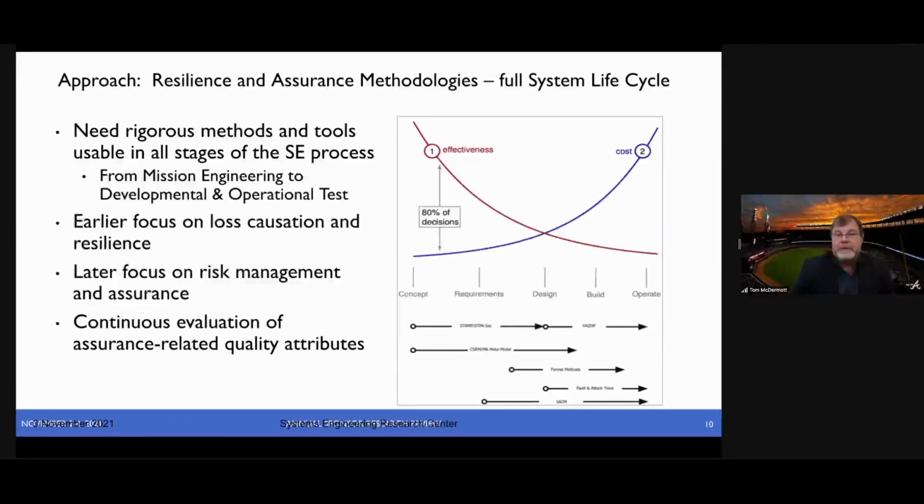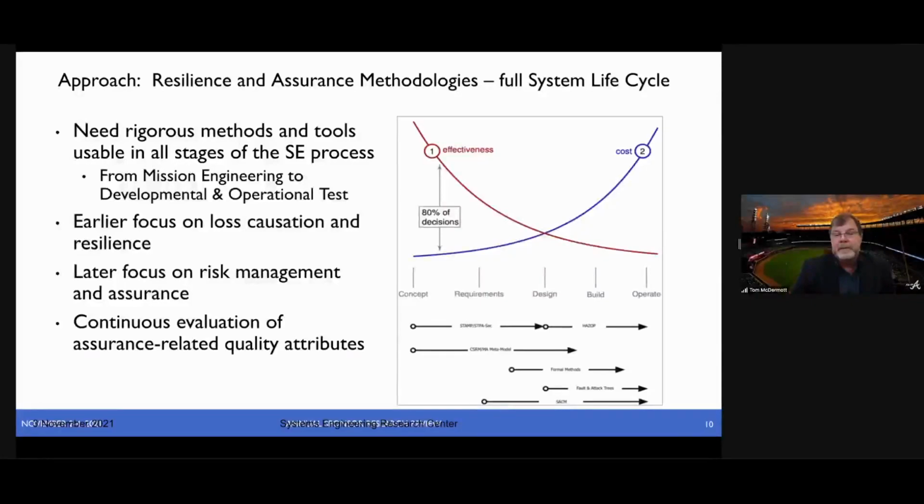If resilience can be designed way up into the front of the system, particularly even pre-requirements in that stage, then we can have much more flexibility in terms of cost versus functionality decisions in that space.